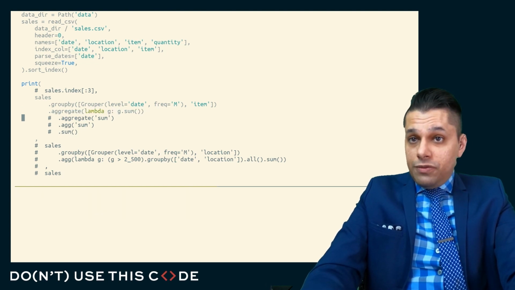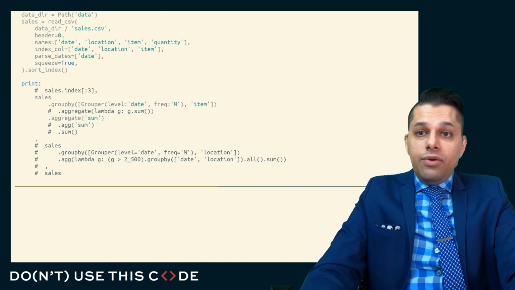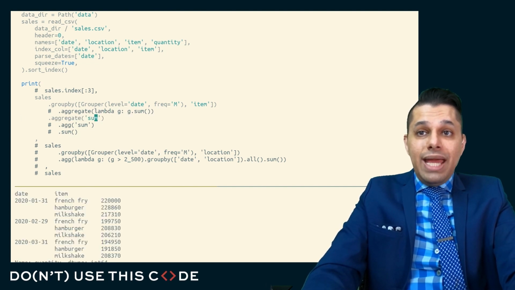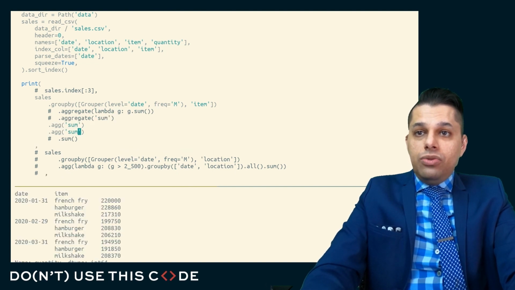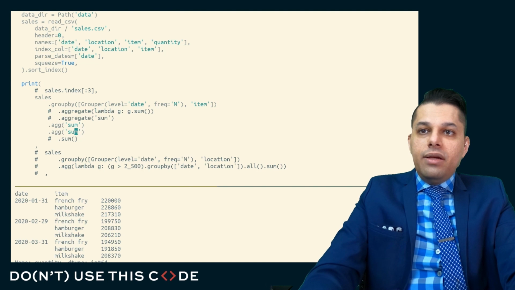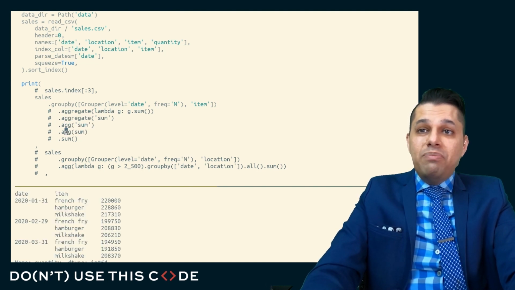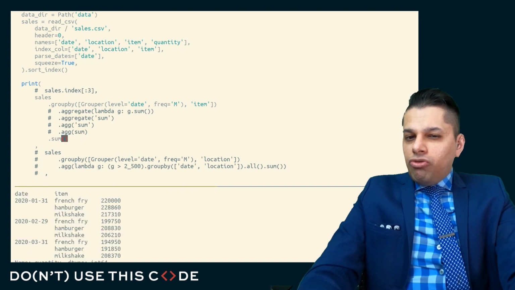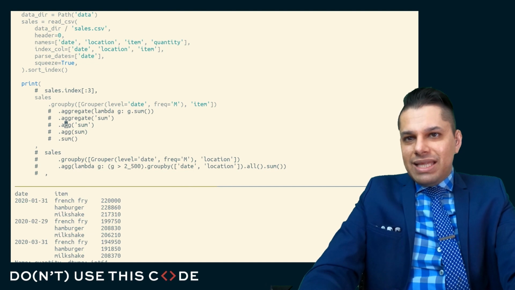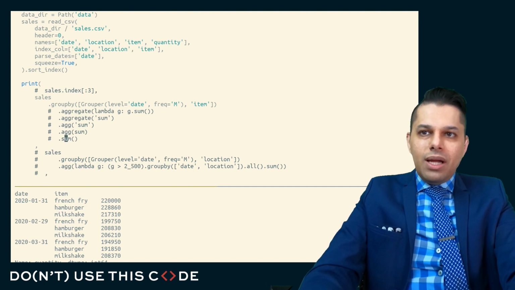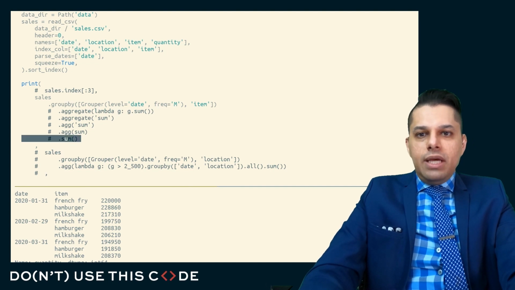I can write this in a couple of different ways. Instead of doing .aggregate with a lambda, I can write an aggregate with the function name sum. I can do .agg with a sum. I can even do .agg passing in the function sum like this, or I can do this with the built-in sum. I don't really think there is a humongous difference between these. Obviously, this is the tersest, obviously this is the most direct, and obviously there's some amount of additional work that this avoids that the others don't avoid.